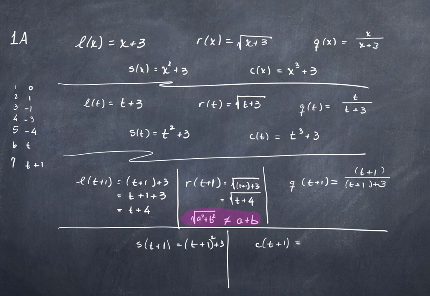And the same thing with the cubed function: x cubed plus 3 becomes t plus 1 cubed plus 3. All right, take a minute now and go back and simplify this expression, and this expression. Pause the video, and when you come back, I'll show you what they are in their simplified forms.